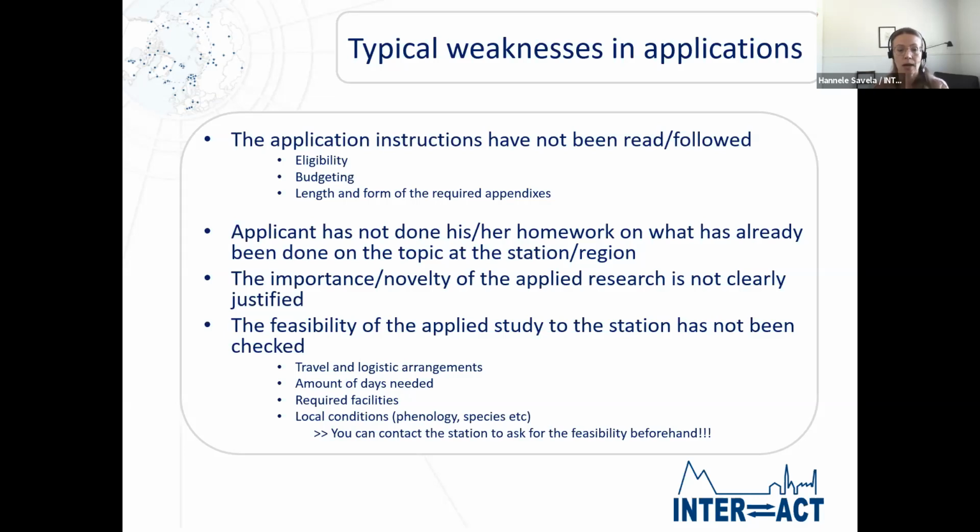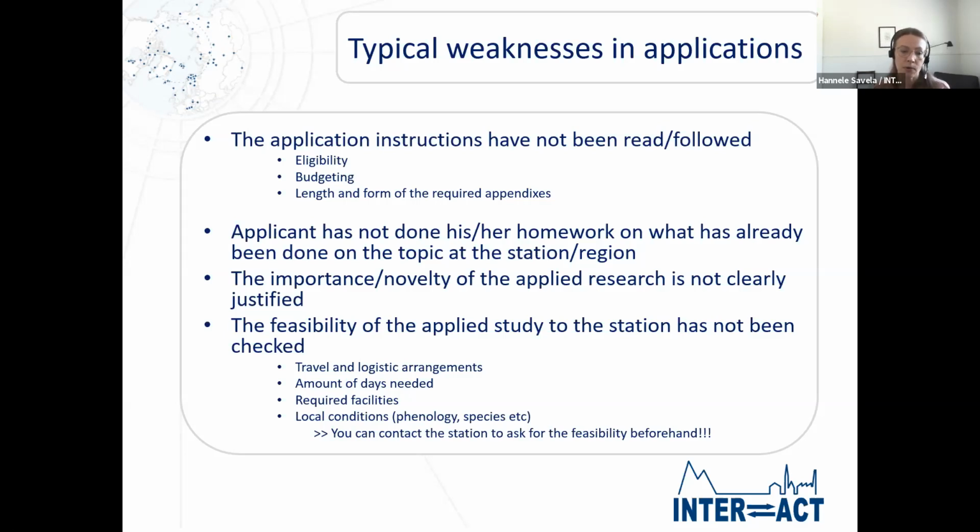For example, what comes to the travel and logistic arrangements, the amount of access days that you estimate you need for the study, what kind of facilities you would need for your studies, and whether they are available at the station? You can find all this information from the field site descriptions or the station descriptions on the Interact website.